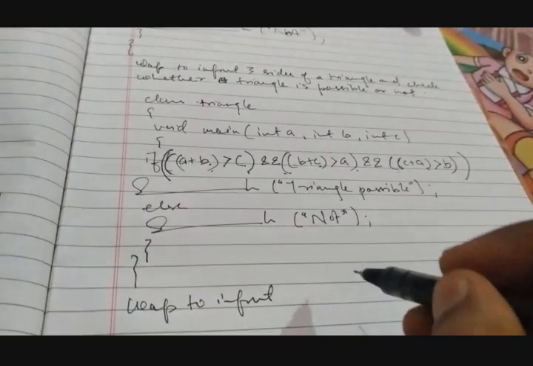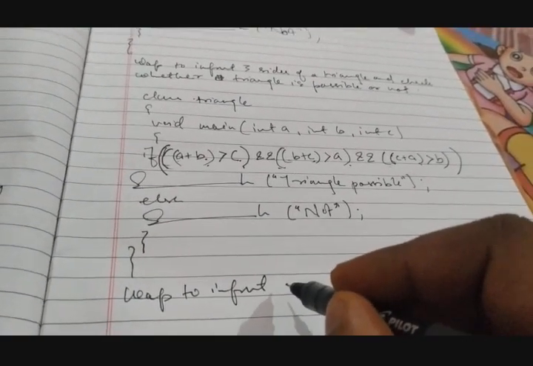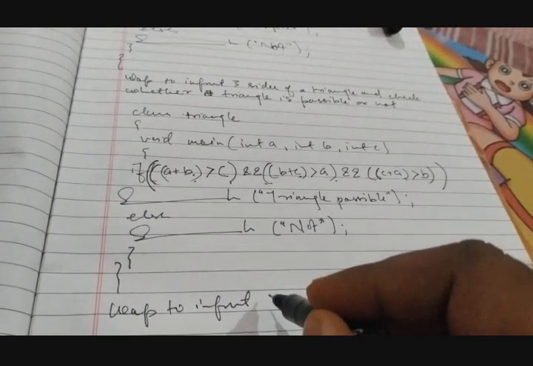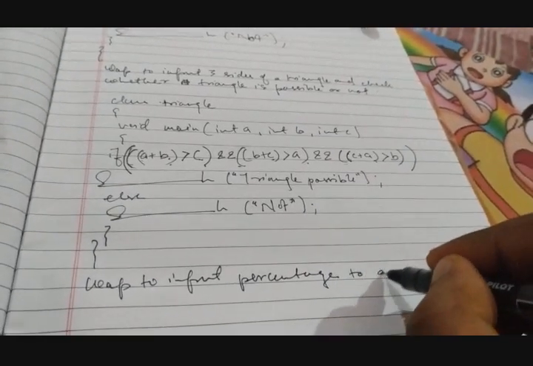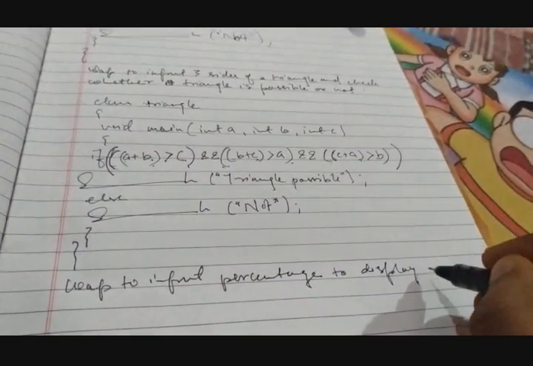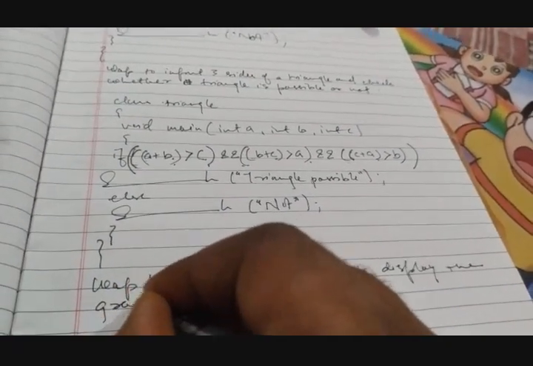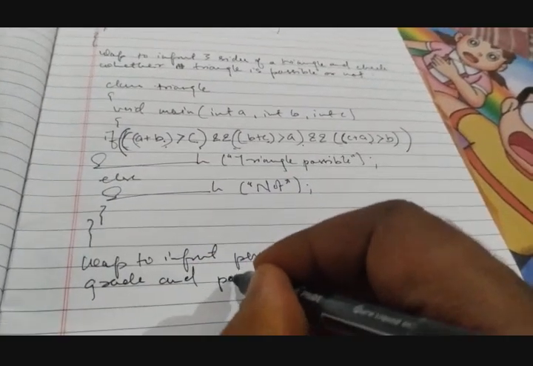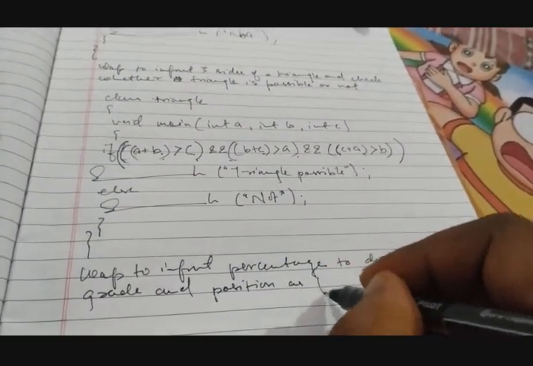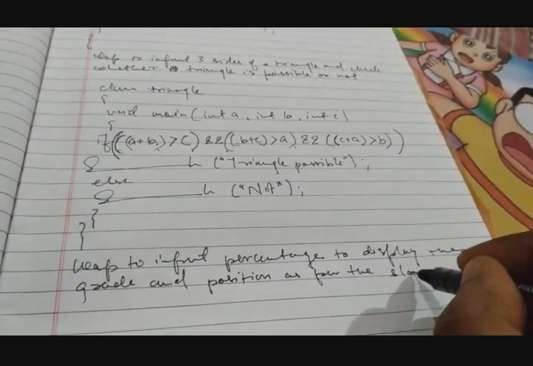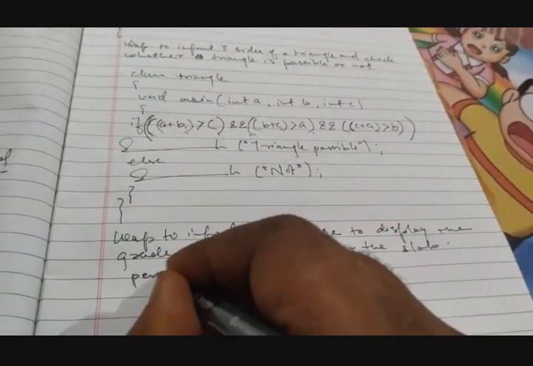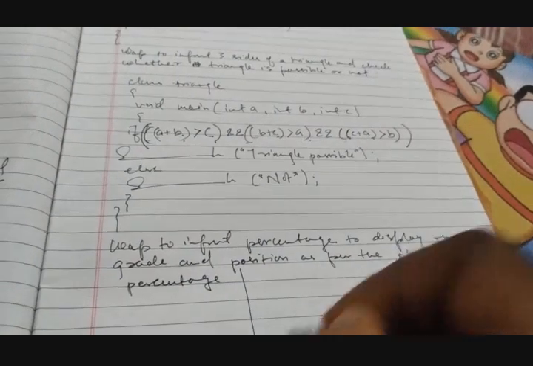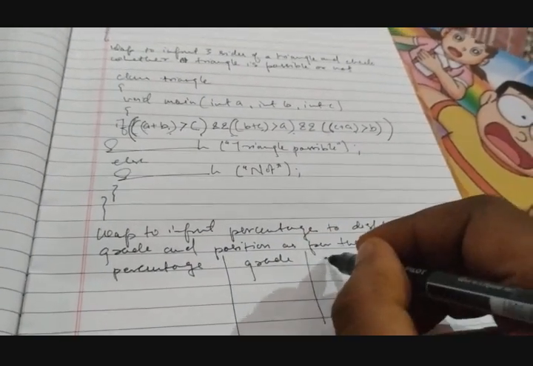Write a program to input the percentage to display the grade and position as per the slab. Here we need to create a slab. This is a percentage, this is a grade, and this is position.